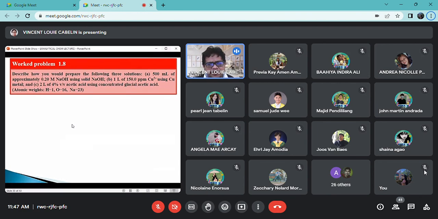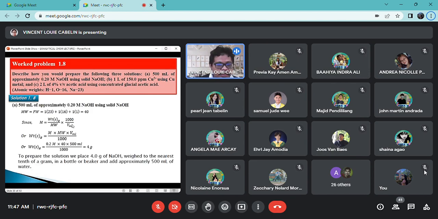First, again, how would you prepare in the laboratory 500 ml of approximately 0.2 molar sodium hydroxide using solid sodium hydroxide? If you have solid sodium hydroxide, first you have to get the molecular weight of the substance. For the molecular weight, you have one atom of sodium, one atom of oxygen, one atom of hydrogen.